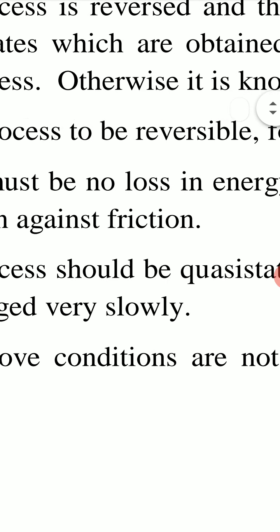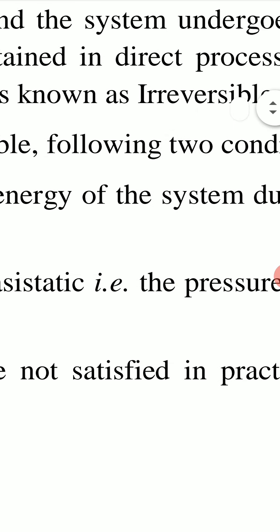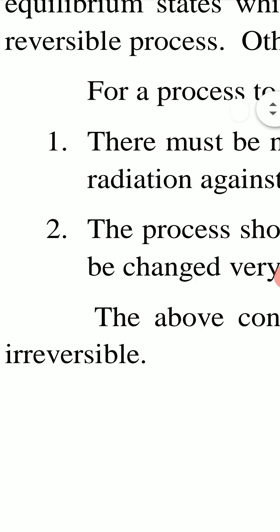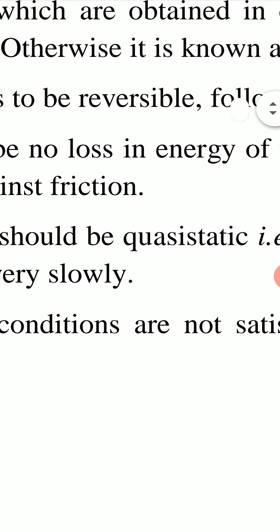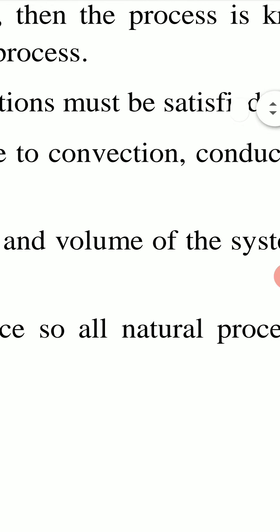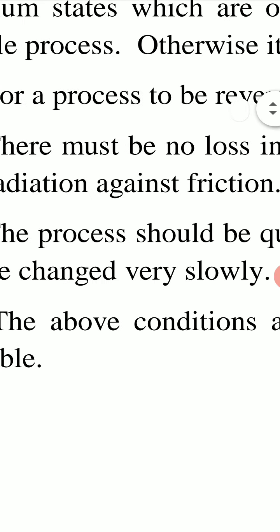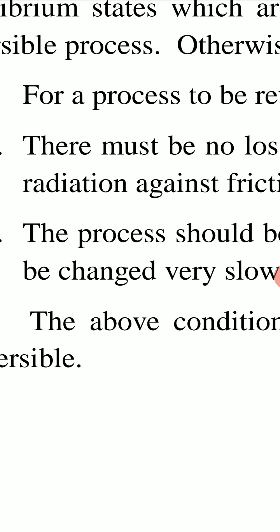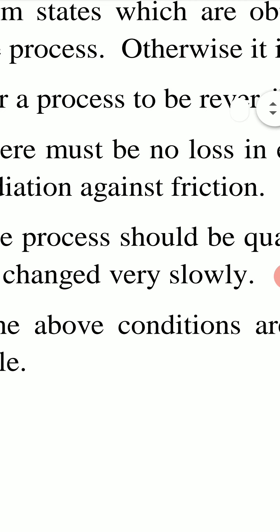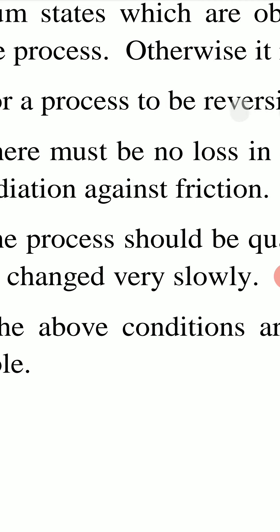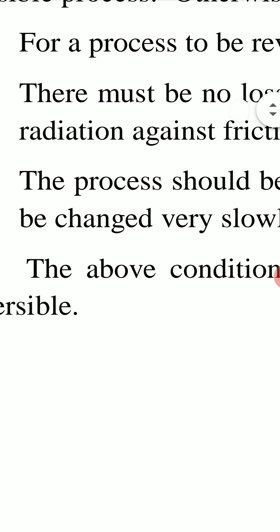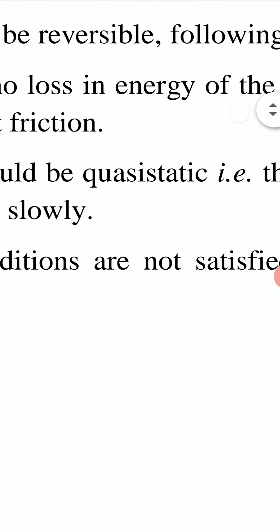For a process to be reversible, there are two main conditions. First, there must be no loss in energy of the system due to convection, conduction, and radiation against friction. There must not be any friction. Second condition is the process should be quasi-static.